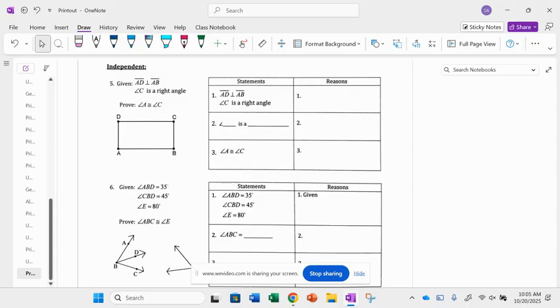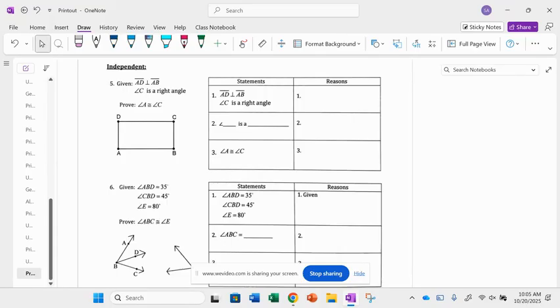Yeah, right here, right angles are congruent. So you write that as your reasoning. Perfect, you got it. So now you can close that. Yep, now you're done.